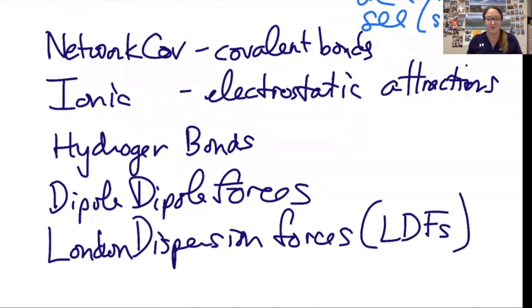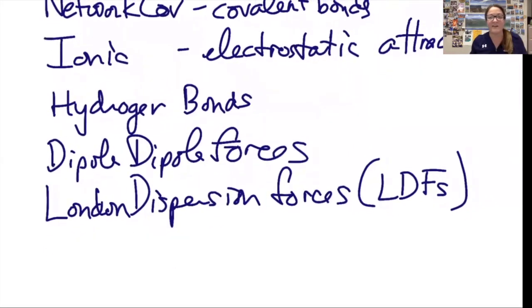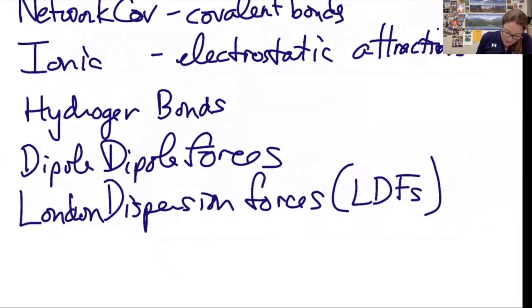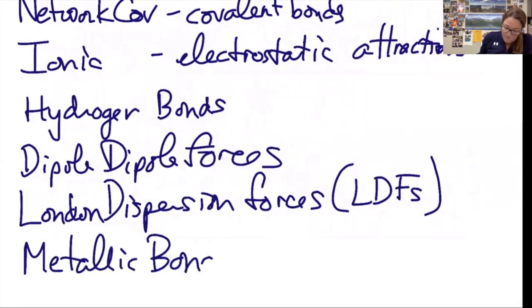You see that in some notations, or it's abbreviated dispersion force. And then we're going to talk about metallic bonds. I gave you an overview of these types in the last lesson. We're going to talk about them in a little bit more detail this time.